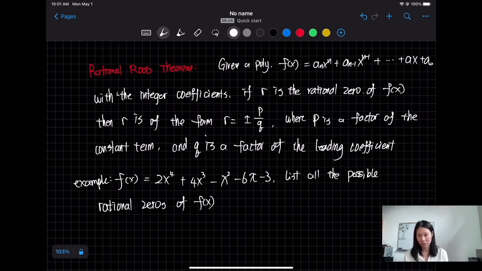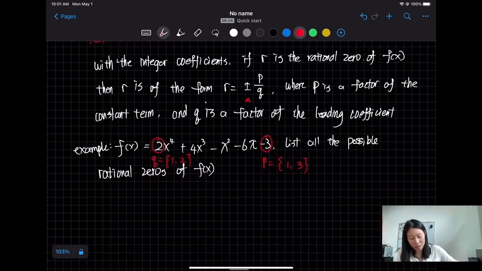Okay, so now we can use the rational root theorem to do that. All the possible roots come from p over q, where p is a factor of the constant term, which means p could be 1 and 3. Of course, positive 1 and negative 1, positive 3 and negative 3, but since we have positive and negative, we don't need to worry about that. And all the possible values of q are 1 and 2, the factors of 2.